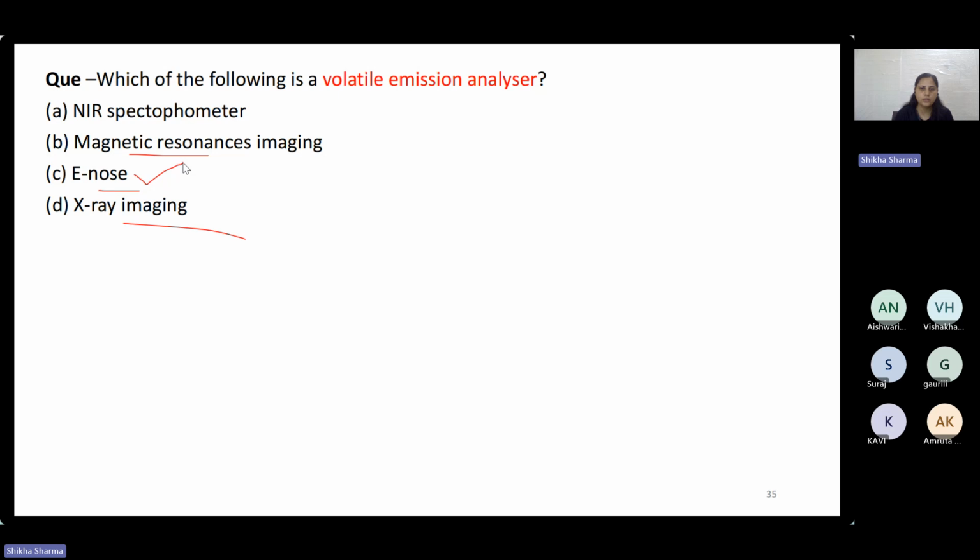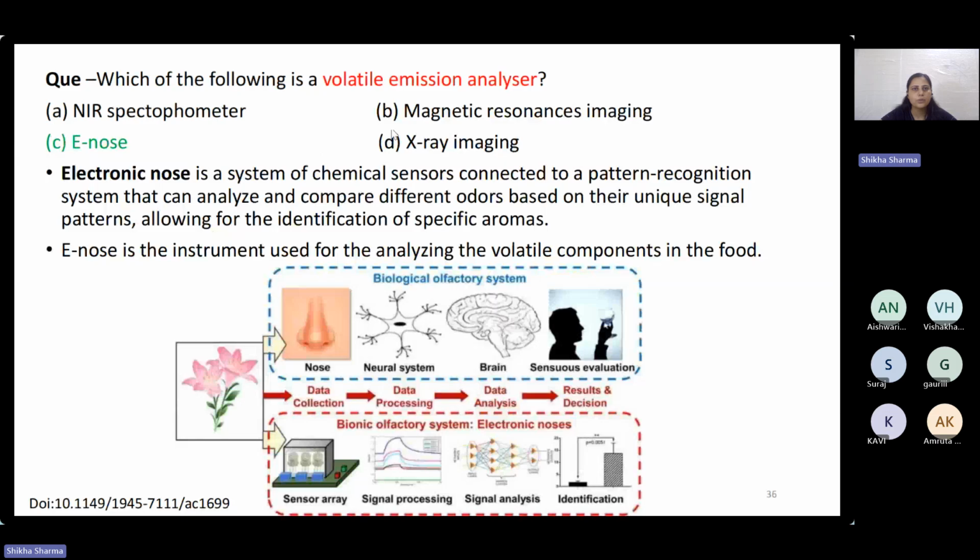Suraj, C, electronic nose. Vishakha, C. Okay, so let's see the answer. Electronic nose, all of you are correct.